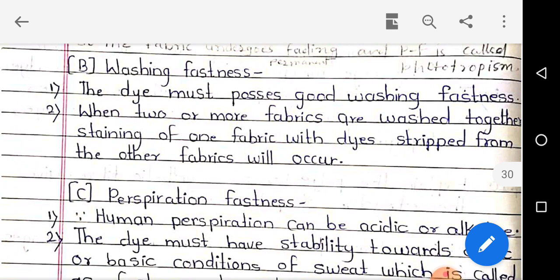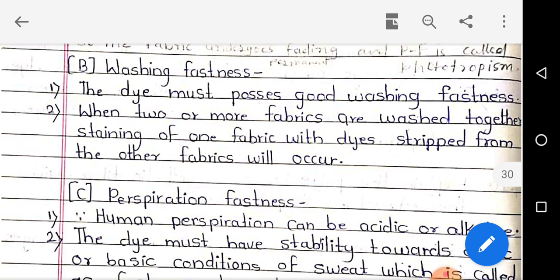This is the most commonly observed property of the dyes. We found that new colored cotton shirts, new cotton materials, in the first wash lose more and more color.